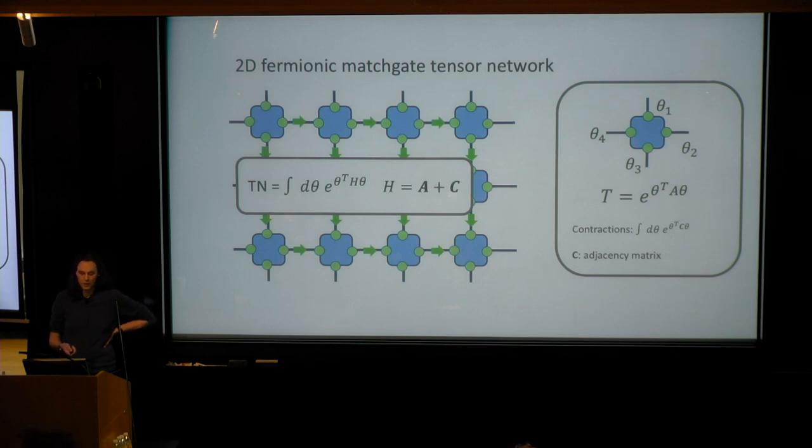So you just end up with an integration over all fermionic modes in your system corresponding to the contracted bonds. And then in this exponential, you have a bilinear form that contains two factors. One is just the collection of all the individual matrices defining the tensors. And the other one is the signed adjacency matrix of the network.